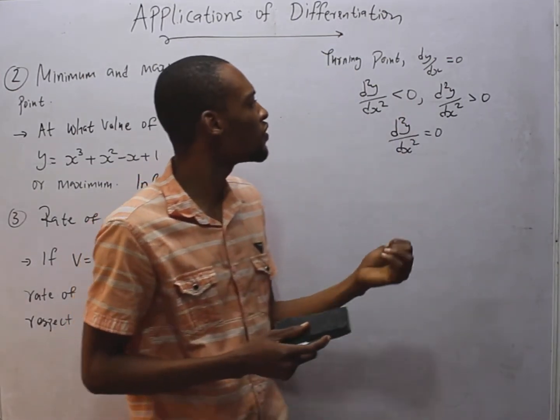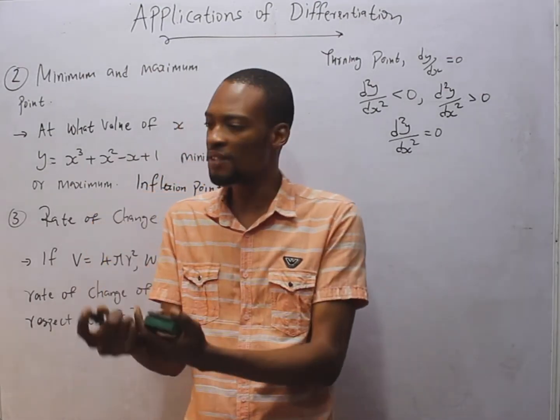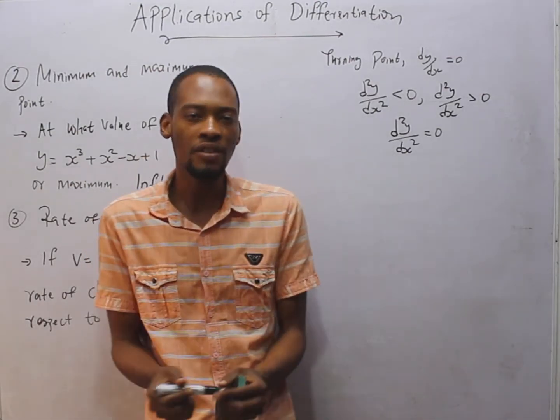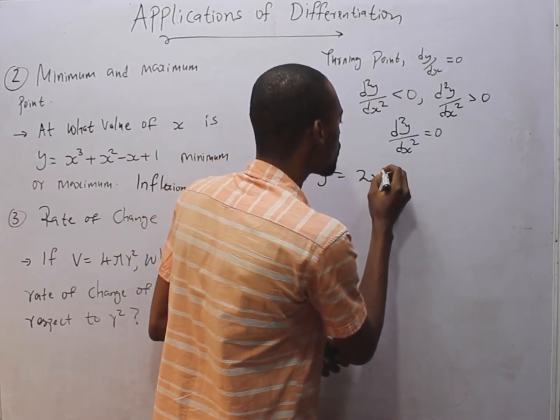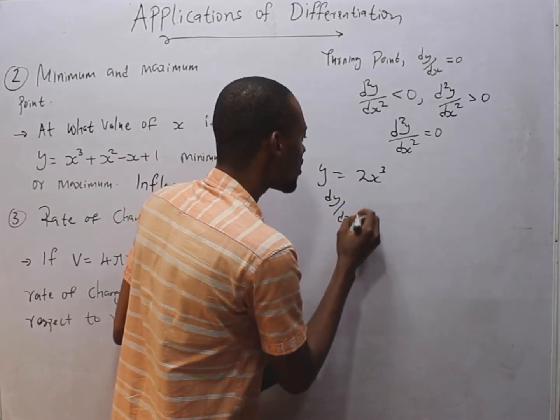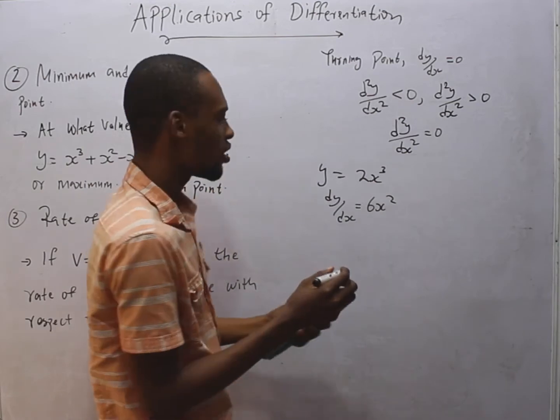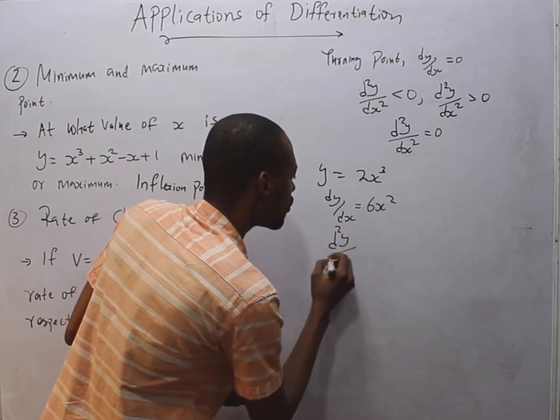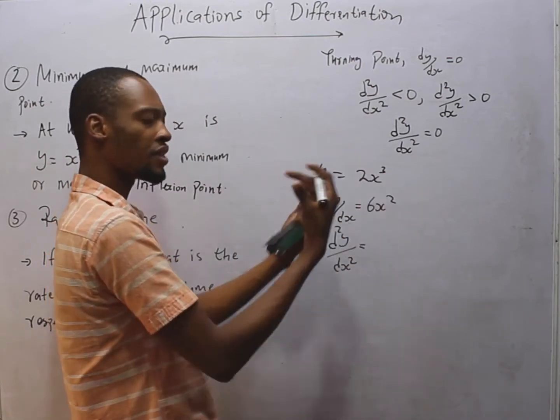What is the meaning of d squared y over dx squared? It stands for higher derivative or second derivative. If y is equal to 2x raised to the power of 3, dy/dx is equal to 6x squared. D squared y over dx squared has to do with differentiating the second time.